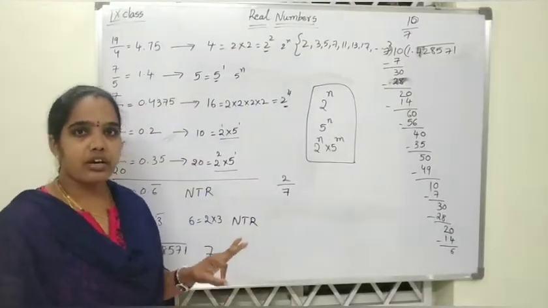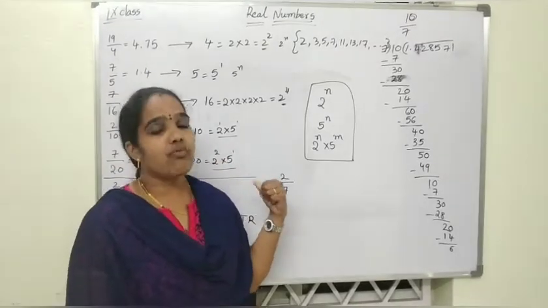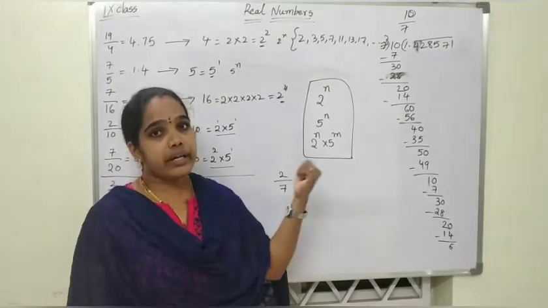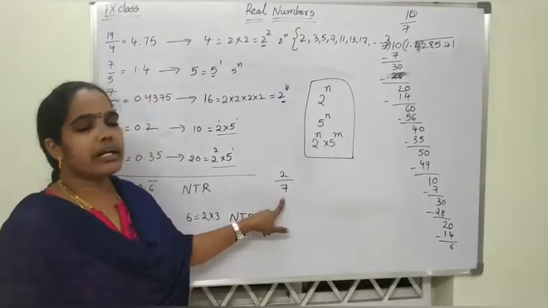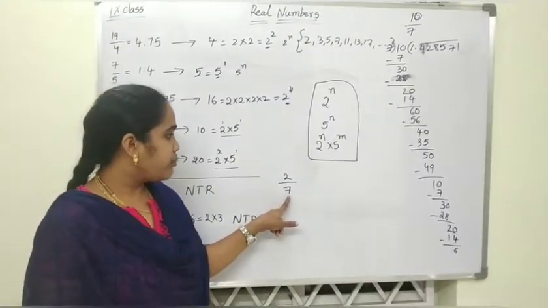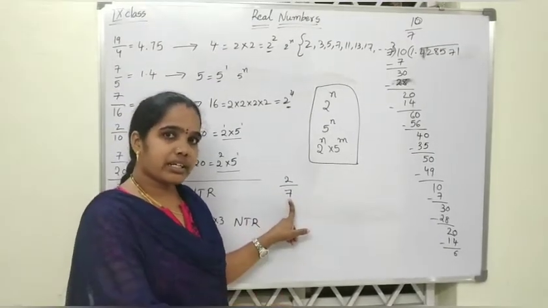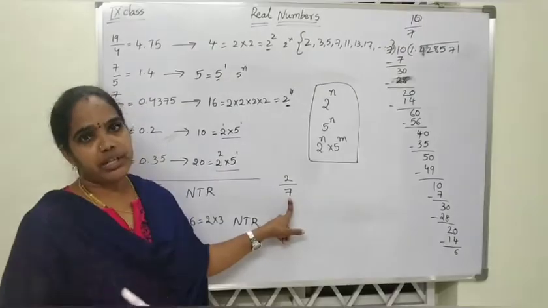Before going to decide terminating or non-terminating, what do we have to see? Already I told you, we have to see the denominator. By observing the denominator, we can say that it is terminating decimal or non-terminating recurring decimal.